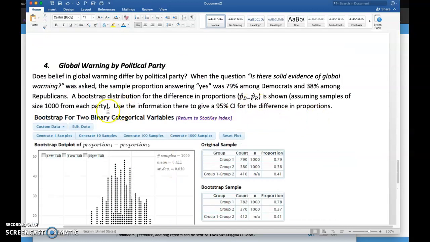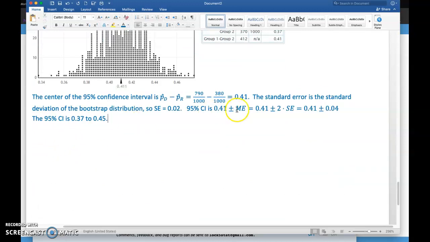But now I want to give an interpretation. So what does this number mean? Well, we did the proportion of Democrats that believe in global warming minus the proportion of Republicans. So how I interpret this 41 is from the sample, 41% more Democrats believe in global warming, 41% more than the Republicans from the sample.